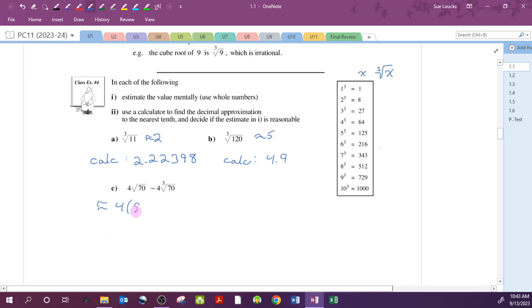So that'd be 6 times 8, minus 4 times the cube root of 70, and the cube root of 70 is going to be around 4. So that's going to be 32 minus 16, so that's about 16. And if I use my calculator, I actually get 16.9813. So what I'm seeing from this is that the more involved my calculation is, the less good my whole number approximation of it is.